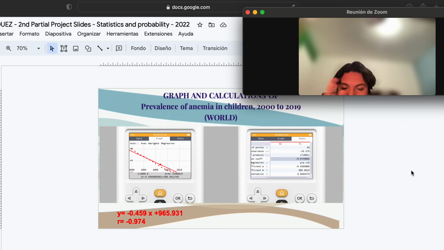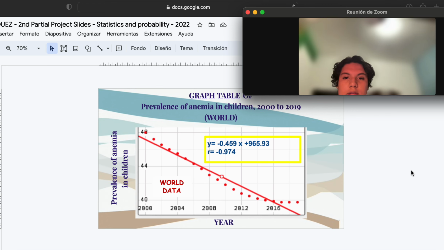My linear equation is y equals minus 0.459x plus 965.931, and my regression coefficient is minus 0.974. Then I have a screenshot to see the graph better.